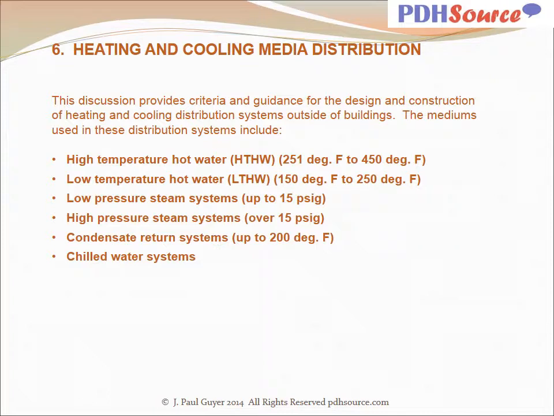Now we move on to Chapter 6, Heating and Cooling Media Distribution. This discussion provides criteria and guidance for the design and construction of heating and cooling distribution systems outside of buildings.